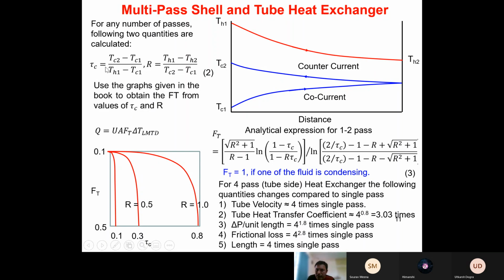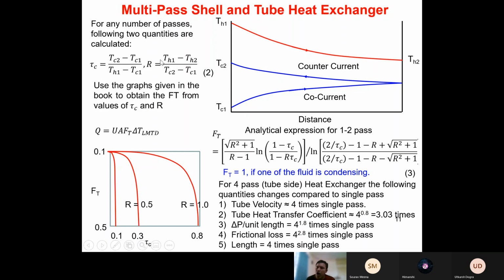We are dividing by that theoretical maximum temperature difference which is present. So this particular quantity is similar to the efficiency. We don't call it efficiency, but it is similar to it. There is another quantity R. This quantity is how much is the drop in the hot fluid temperature.